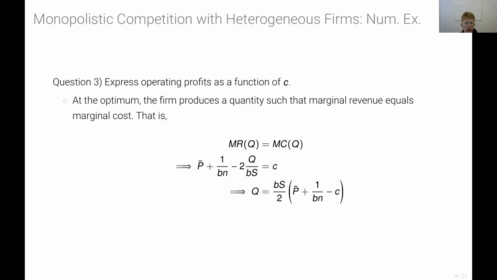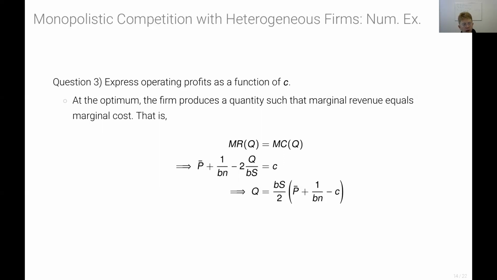And so in order to solve for a Q that's going to maximize profits for a monopolistic competitor, we set marginal revenue equal to marginal cost and solve for Q. What that gives us is that we just plug in marginal revenue that we solved for on question 3, set that equal to marginal cost. And then it turns out that at optimum, our monopolistic competitor is going to produce Q equal to BS over 2 times P bar plus 1 over NB minus C.